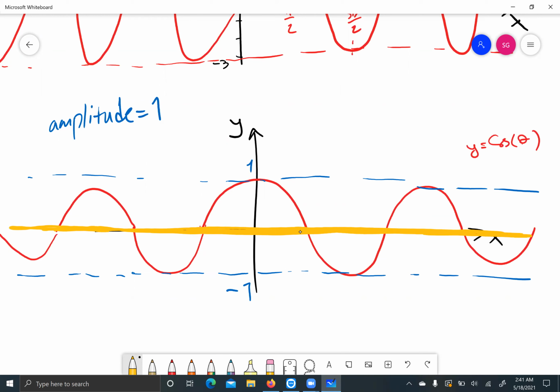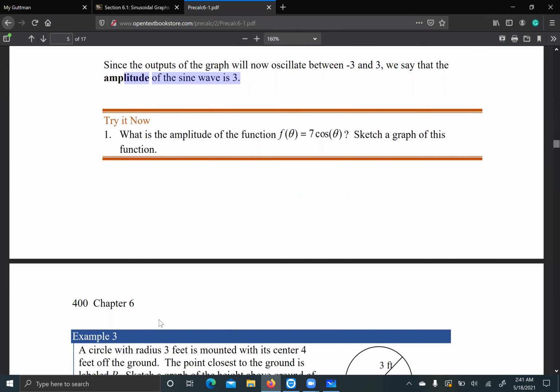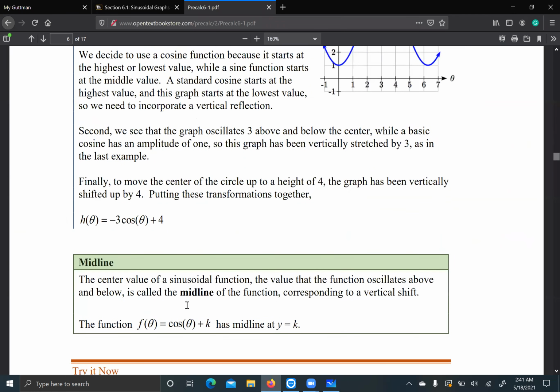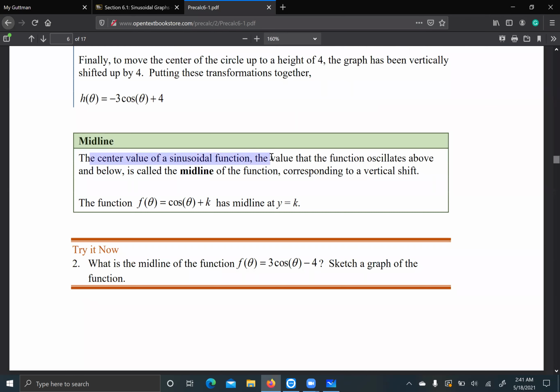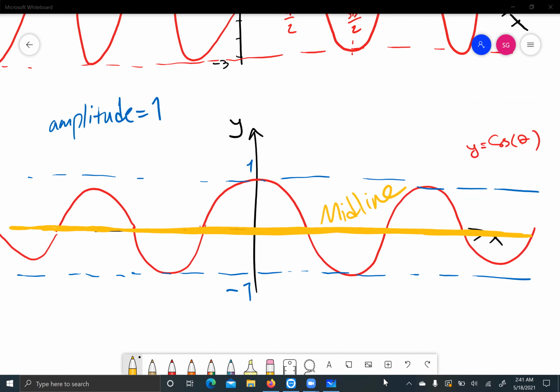So this is called the midline. The definition is: the center value of a sinusoidal function, the value that the function oscillates above and below, is called the midline of the function. So in this case, the midline is the x-axis.